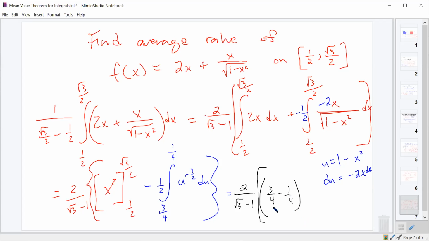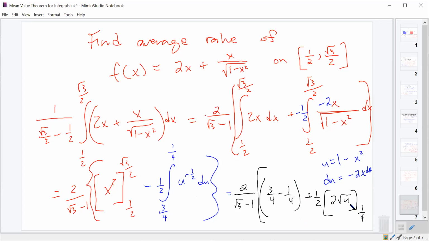And now we've got, let's see, this integral here, we could flip the limits, right? And change this from a negative to a positive. That was one of our rules. So we could have plus 1/2. And what's the integral of u to the negative 1/2? That should be 2 root u.